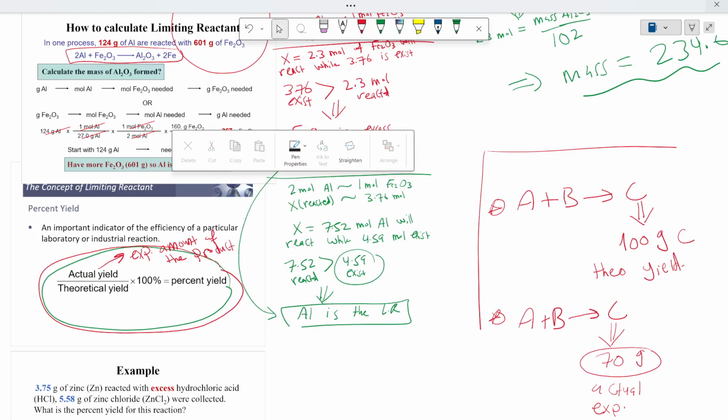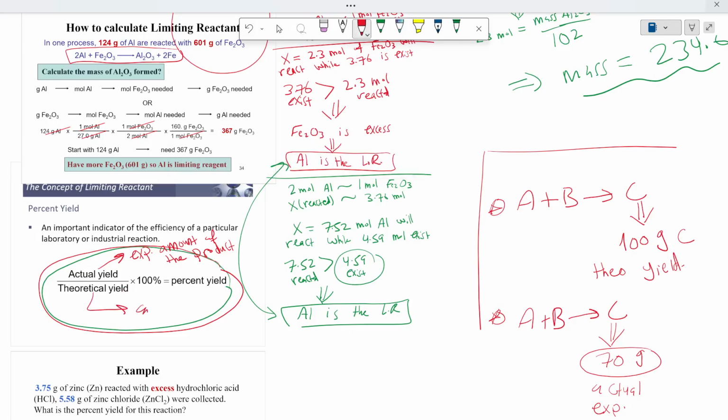It's 70 in that example. Over theoretical yield, it's the calculated amount of the product, which was 100 grams in the previous example, times 100%.